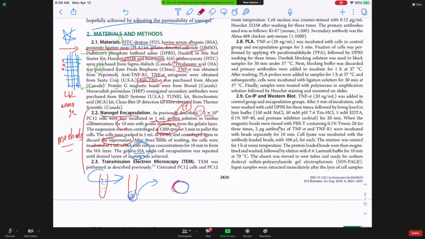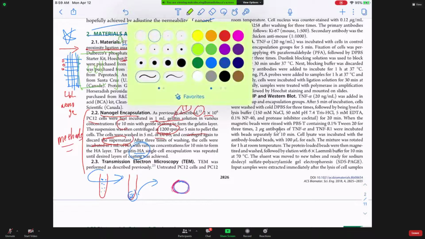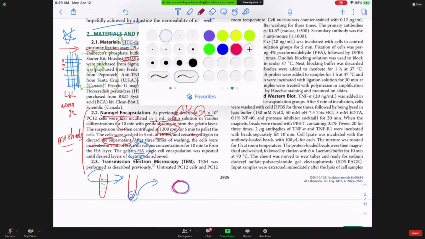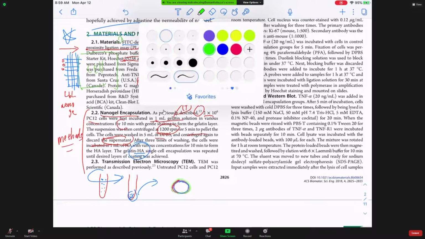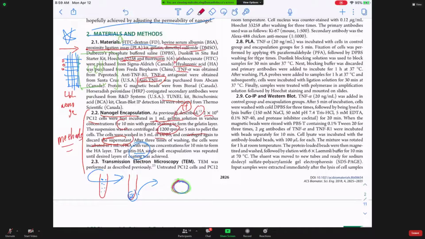that's with gelatin, then with HA, you can go layer by layer, and again make another gelatin, and you can put another hyaluronic acid.